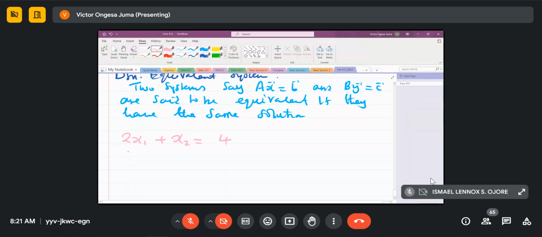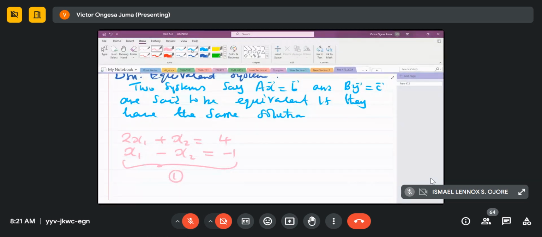And then x1 minus x2 is the same as -1. So I'm trying to find the solution of that one. That is 1, and then this is 2. Yeah, and then so this is what I'm calling system 1.